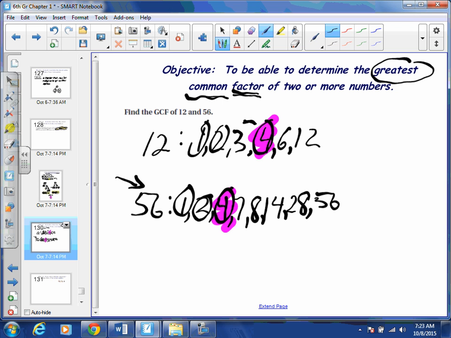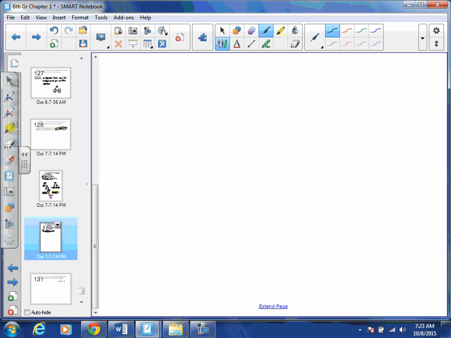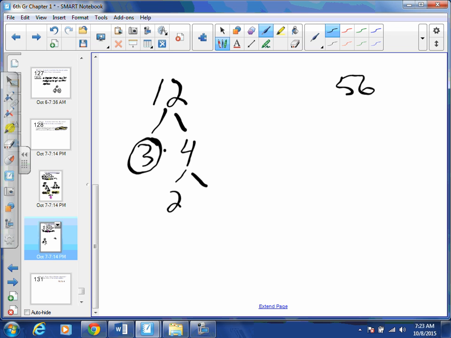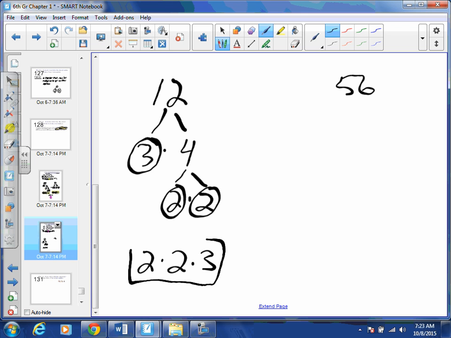If you're like me and thinking of all the factors of 56 was hard to do, let's do prime factorization of 12 and 56. All right, so let's go 3 times 4. 3 is prime. You can pause and rewind if I'm going too fast. Break this down into 2 times 2. My prime factorization of 12 is 2 times 2 times 3.